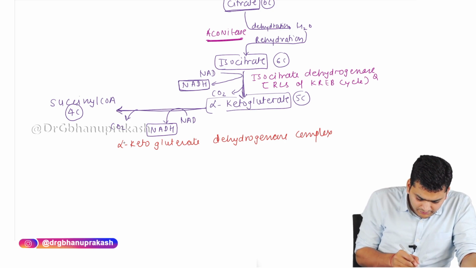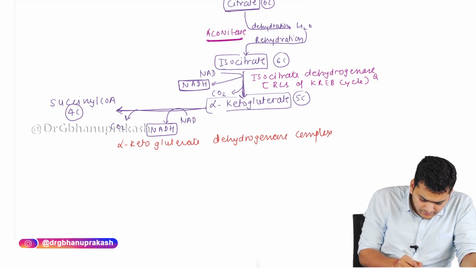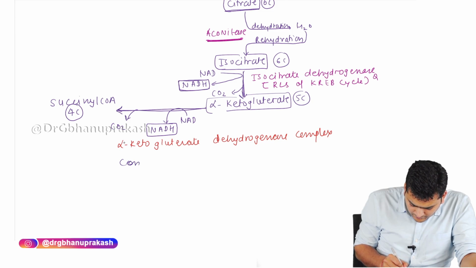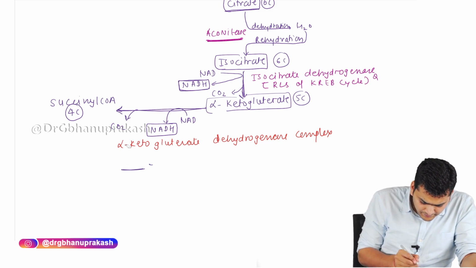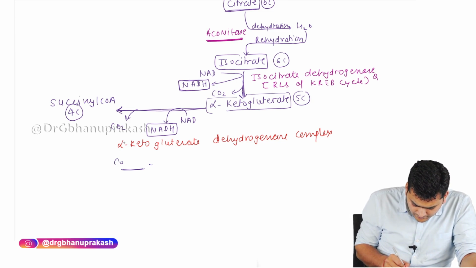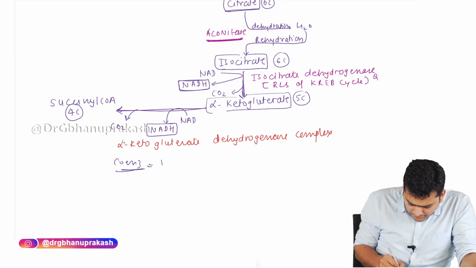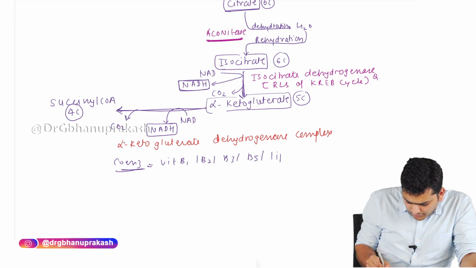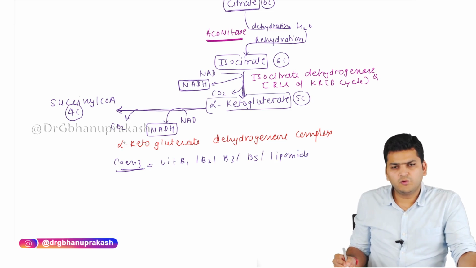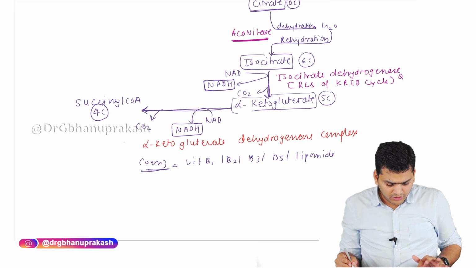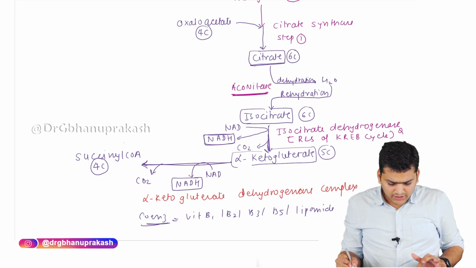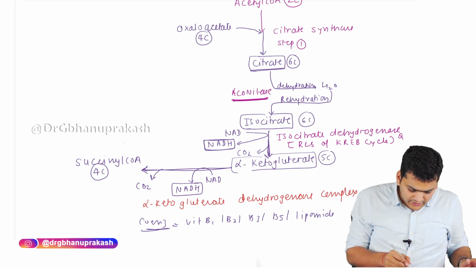The coenzymes are vitamin B1, B2, B3, B5 and lipoamide. With the help of these, the alpha ketoglutarate will convert into succinyl-CoA. So this is how the first 4 reactions take place.